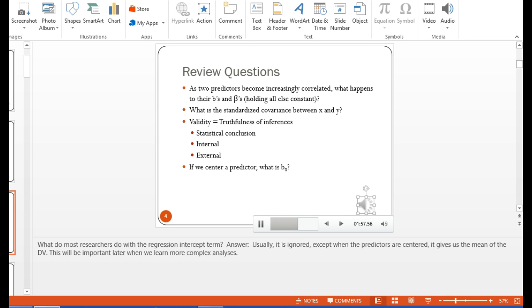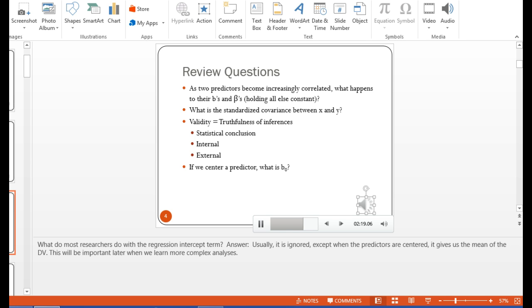Remember that validity is equal to the truthfulness or the accuracy of inferences or conclusions that we're making about our sample, and if our sample findings reflect what's going on in the population. So remember, stat conclusion validity is the truthfulness of inferences that X and Y are statistically related.